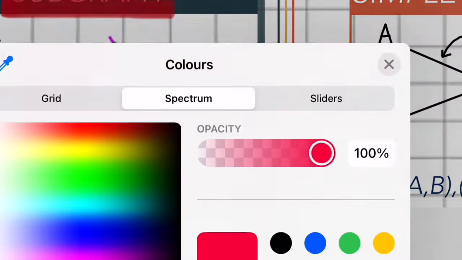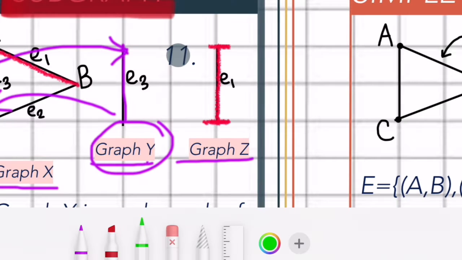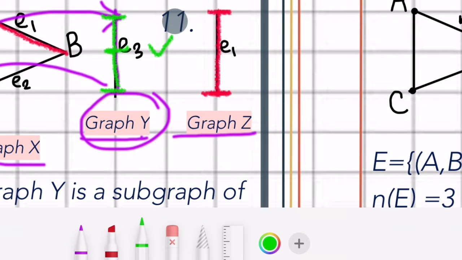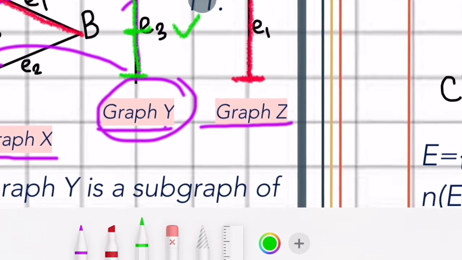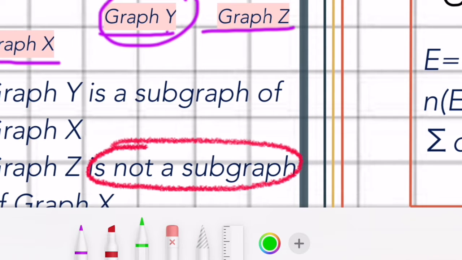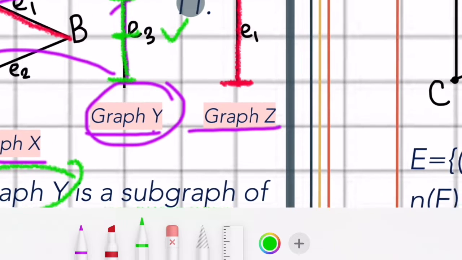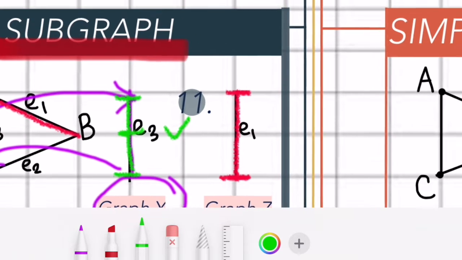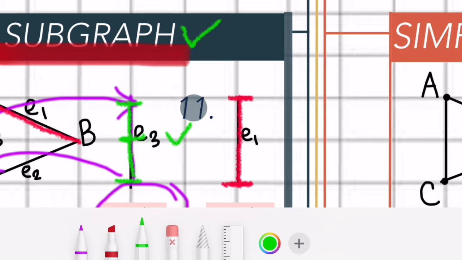Whereas if you see the length for E3, this one, and also the direction is heading up 2 units, 2 units. So this is exactly the same length. So a graph Y is a subgraph of graph X. So we have revised the subgraph.